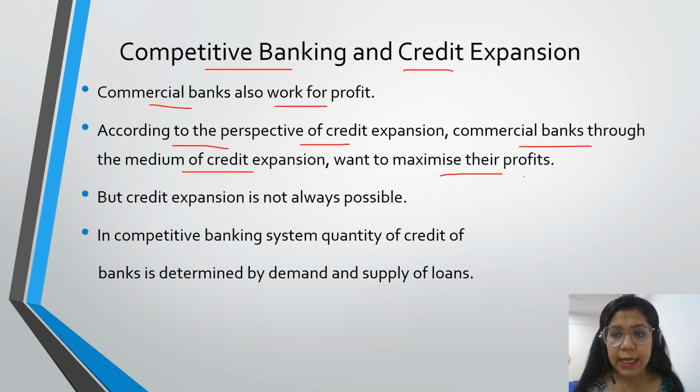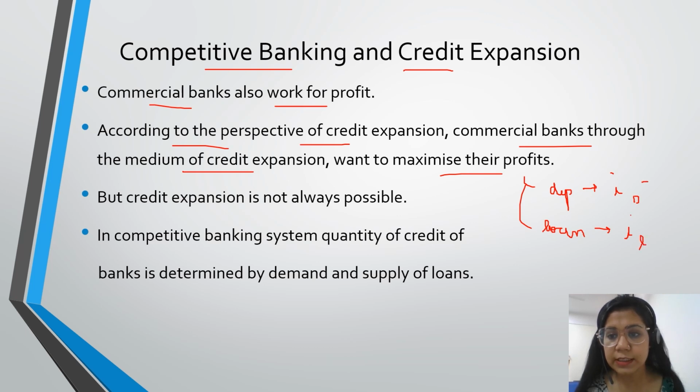See, they accept deposits. We have already studied that. When they accept deposits, they give interest rates to the customers. Similarly, they give out loans. So when they give out loans, they charge interest rates from the customers.